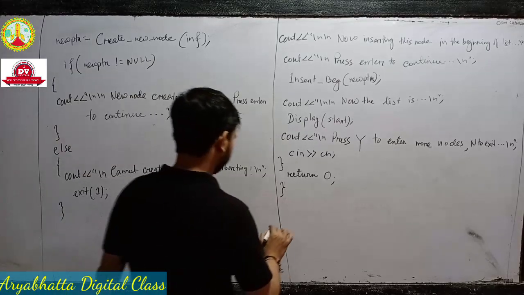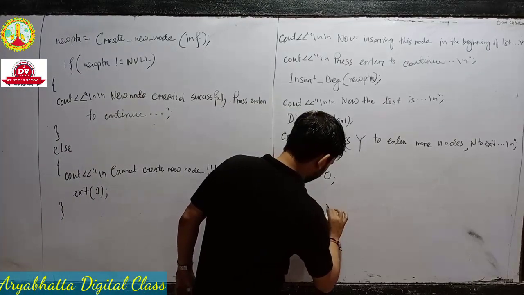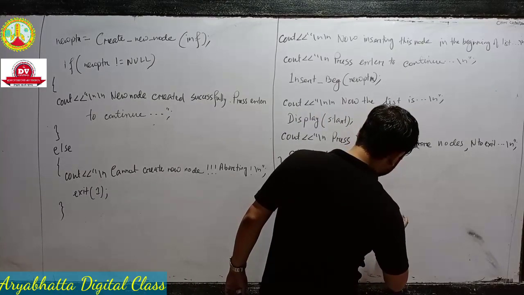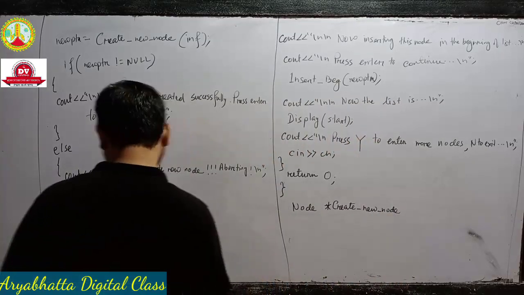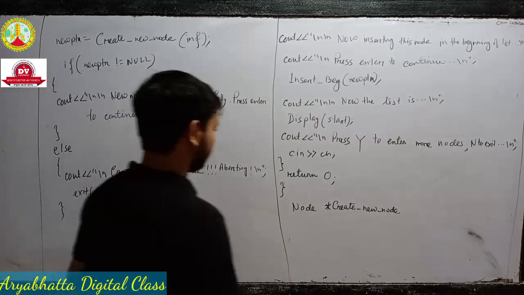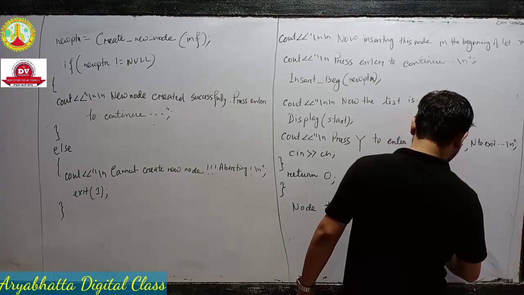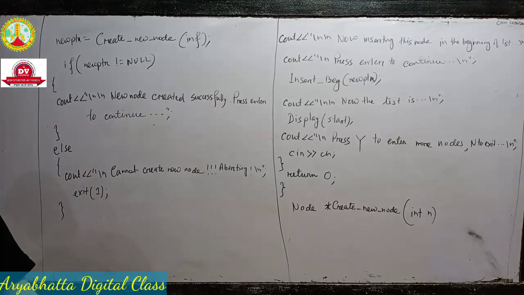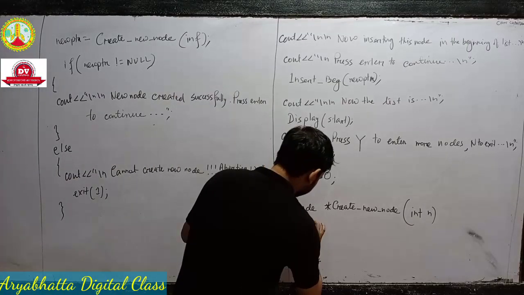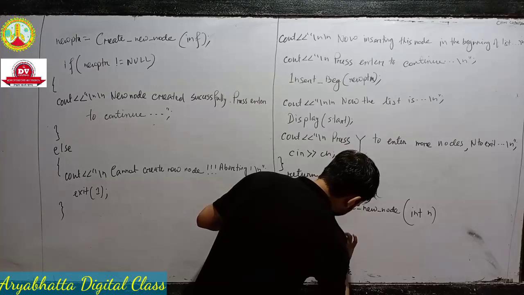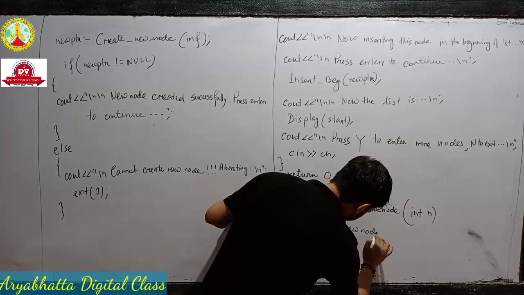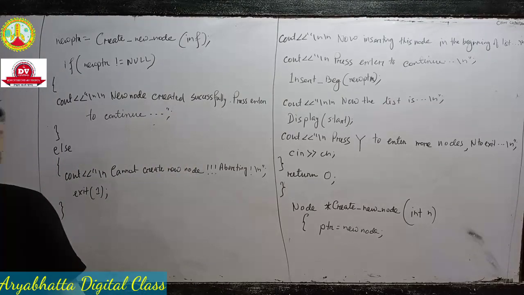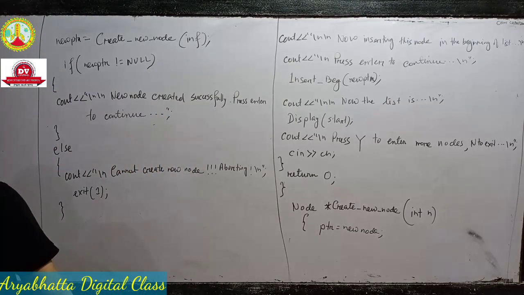node create new node. Node is the structure. Create underscore new node. We take an argument int, means the information part will be an integer n. ptr is equal to new node. ptr info is equal to n.